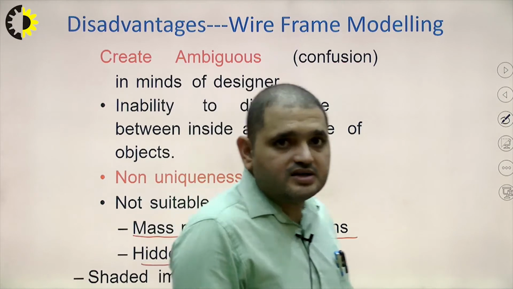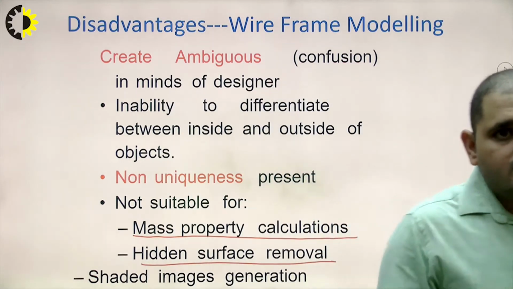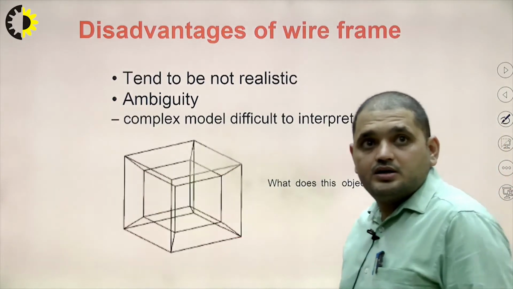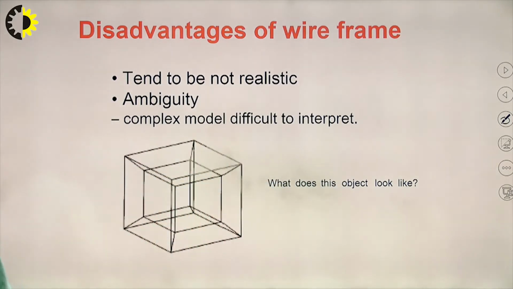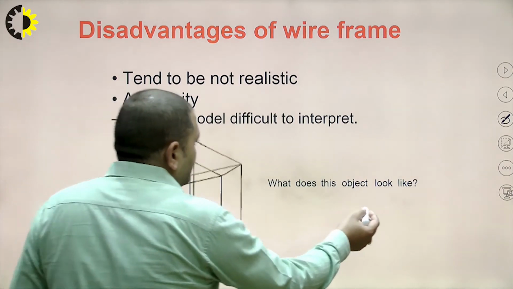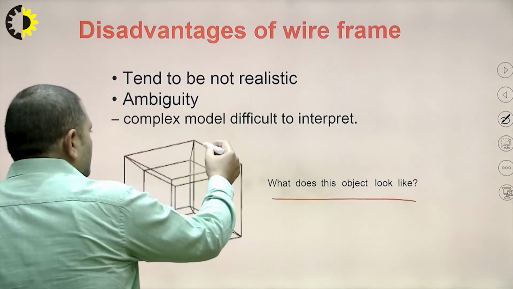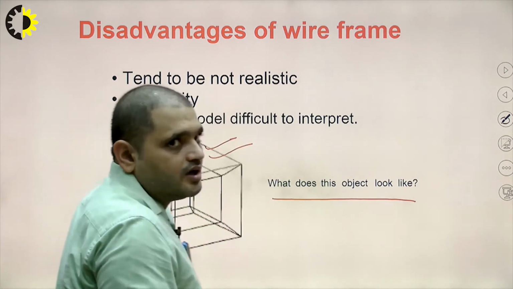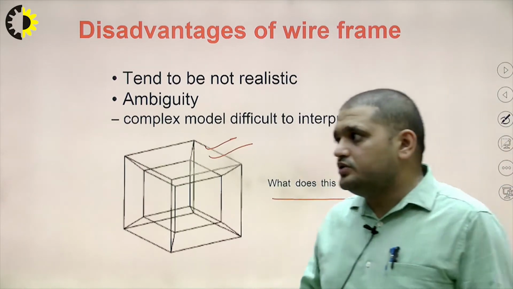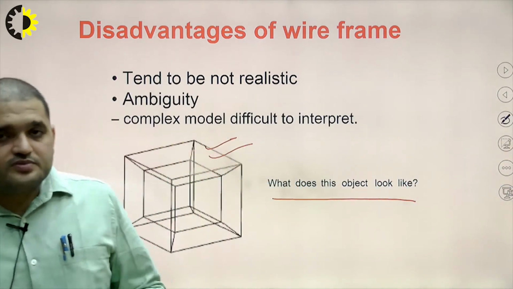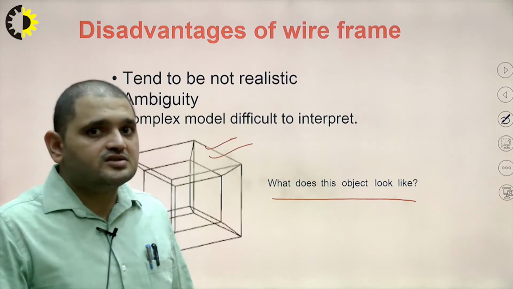Shaded image generation is also a problem. The images tend to be not realistic, with ambiguity, complex models, and difficulty to interpret. You can see it is difficult to interpret how it looks, unless you visualize by yourself how an object will look if the surfaces are present.